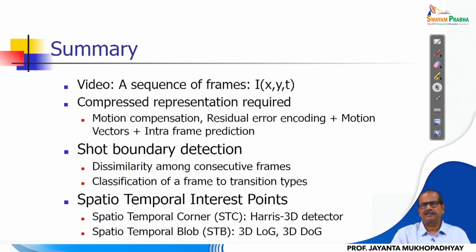And then we discussed some of the methods of detecting spatio-temporal interest points, like the Harris 3D corner detector, and for spatio-temporal blobs we have Laplacian of Gaussian in 3D or difference of Gaussian in 3D. So these are a few things.